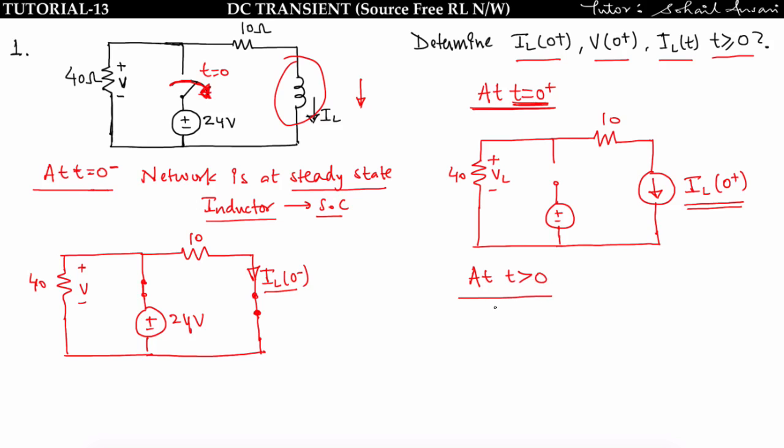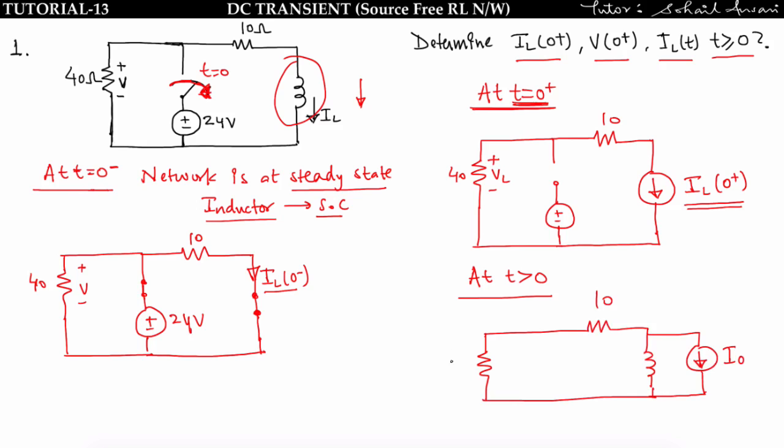At t greater than 0, what I have said to you, replace the inductor by its equivalent. So this is the circuit for t greater than 0, and in this we can easily say that for t greater than 0, whatever energy is present in the inductor will get dissipated across this resistor, and the current will be exponentially decaying in nature, whose equation is given by i t is equal to I naught e to the power minus t upon tau.